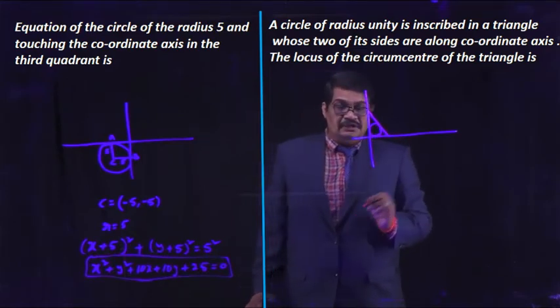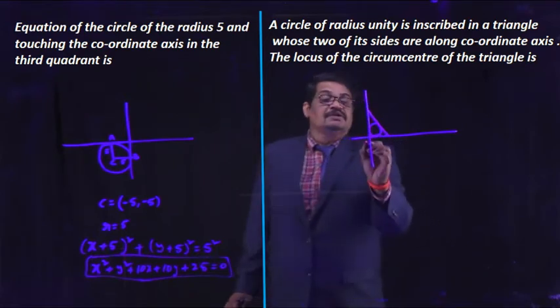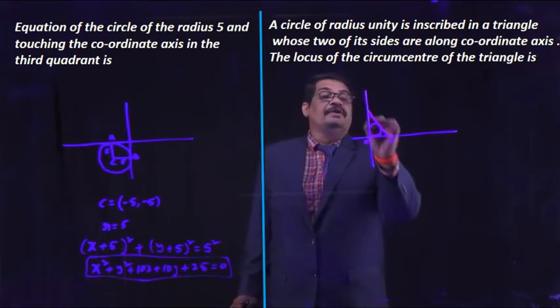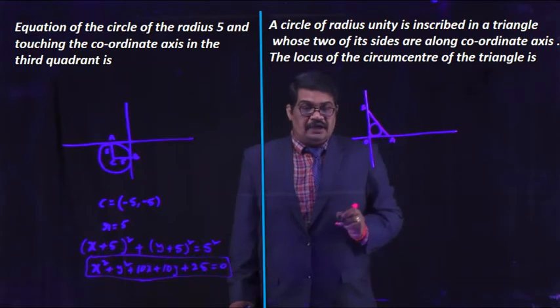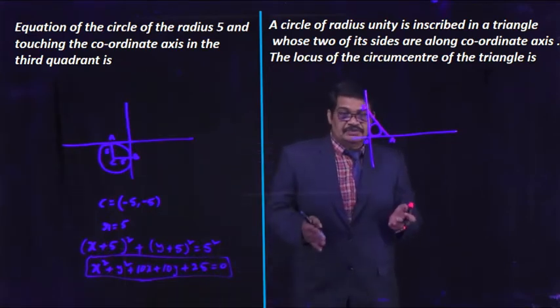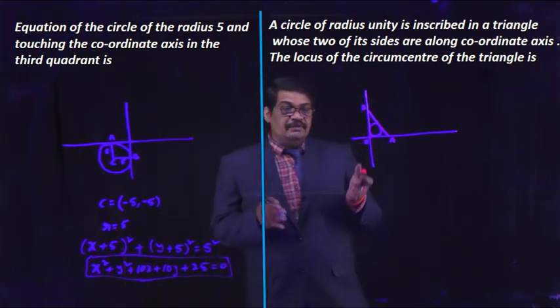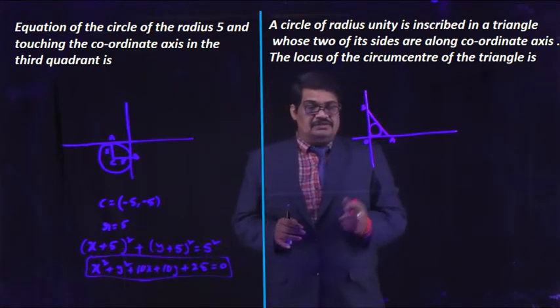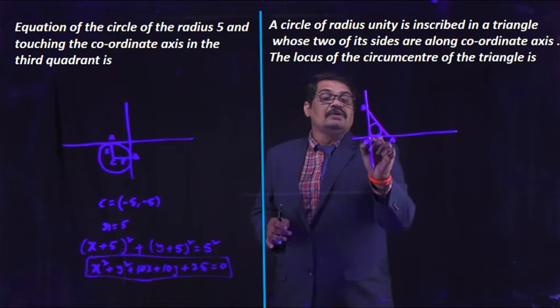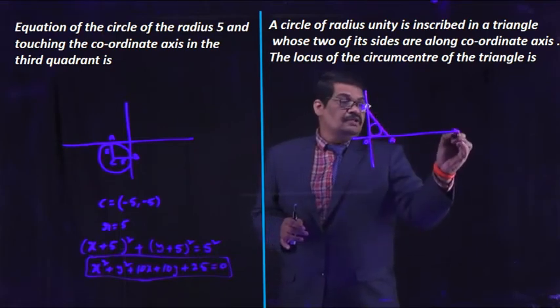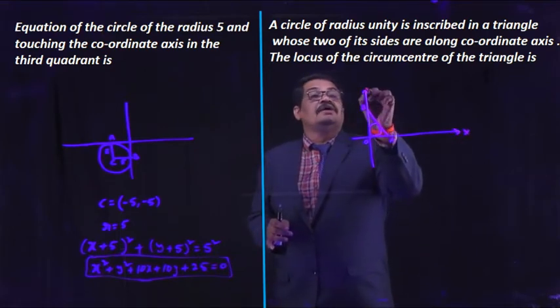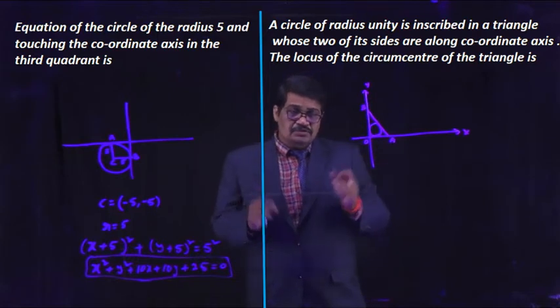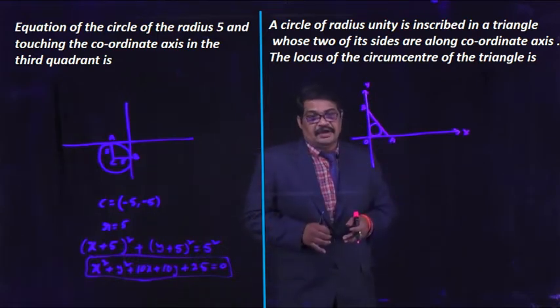The triangle is OAB. A circle of unit radius is inscribed in a triangle whose sides are along the coordinate axes. OA is one side and OB is another side. These are the x-axis and y-axis. These two sides are along the coordinate axes.